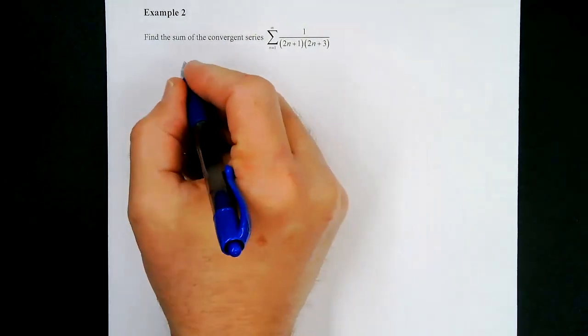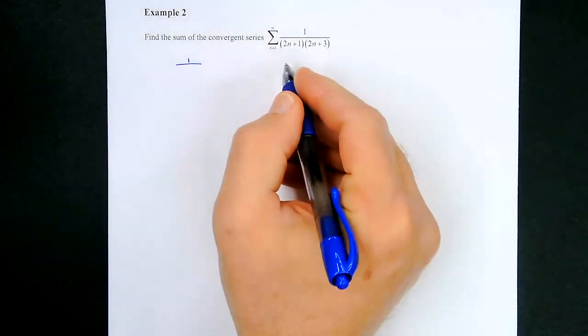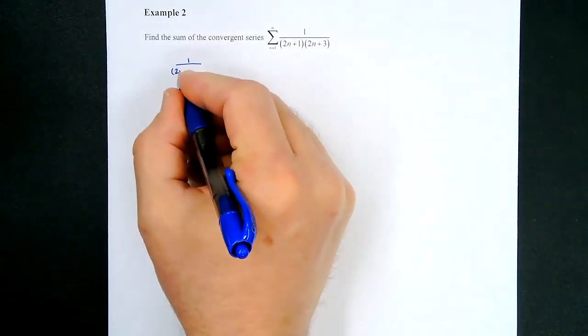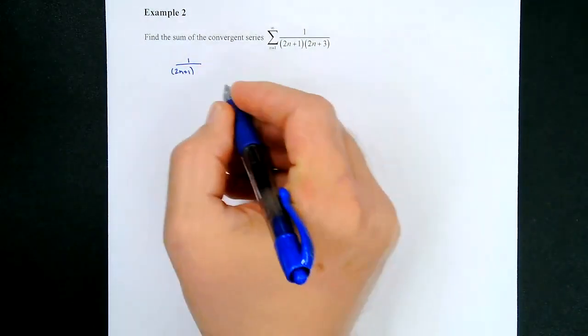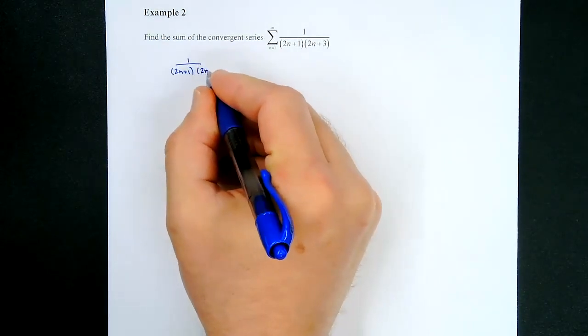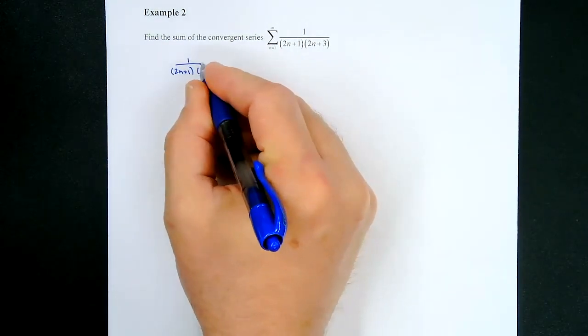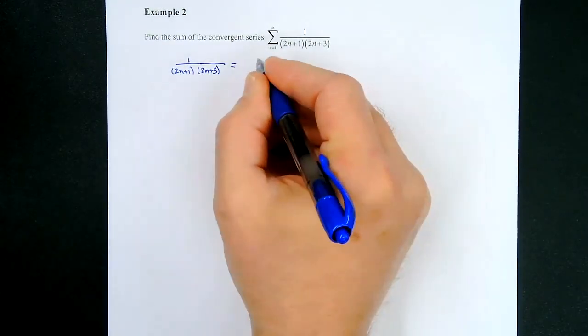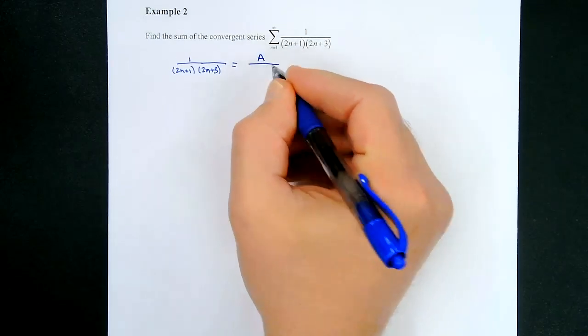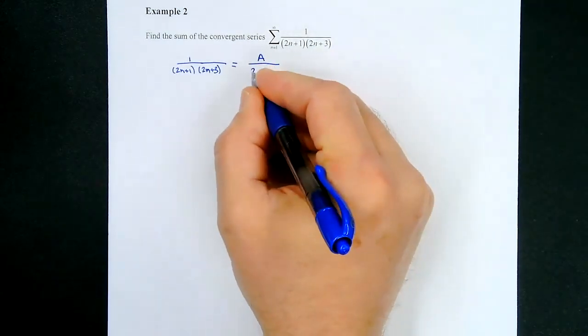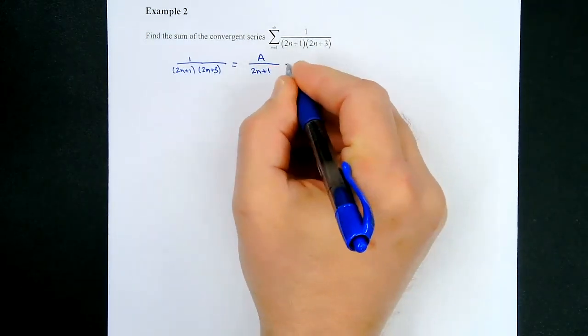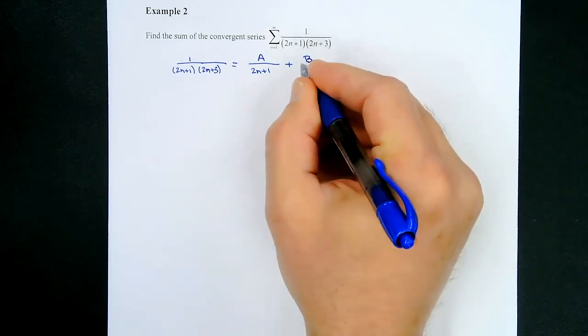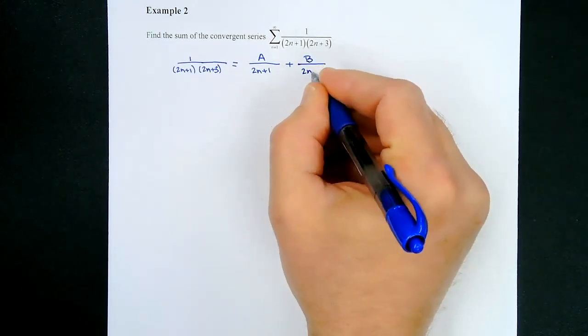So we're going to take 1 over 2n plus 1 times 2n plus 3, and we're going to break this up. So it's going to be some numerator a over 2n plus 1, and then plus some numerator b over 2n plus 3.